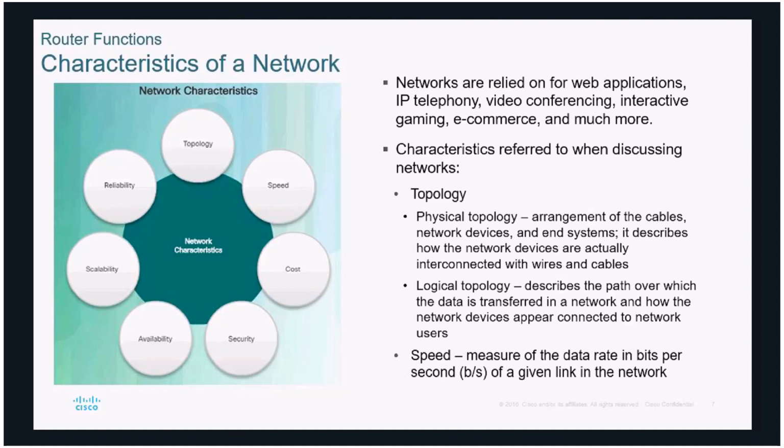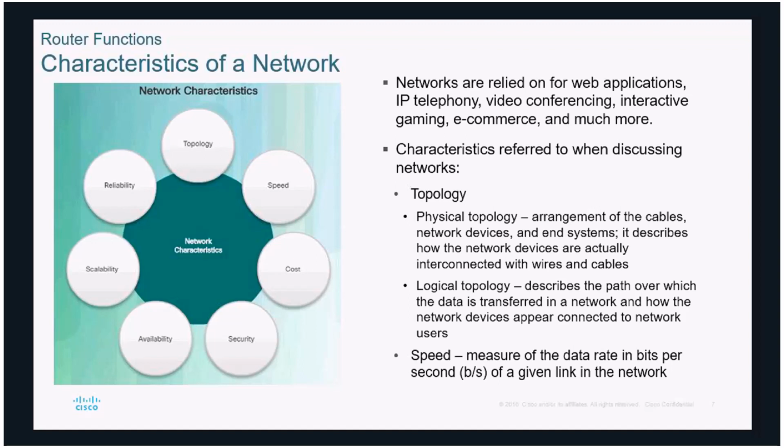There's a physical topology, which is how you physically arrange cables and devices, and how they're physically linked to each other with the wires and the devices. Then there's logical topology, which is the path of data transfer. This is sometimes different to physical topology. You might have cables going all over the place to different devices, but logically it might be very tidy in terms of how data is being moved around.